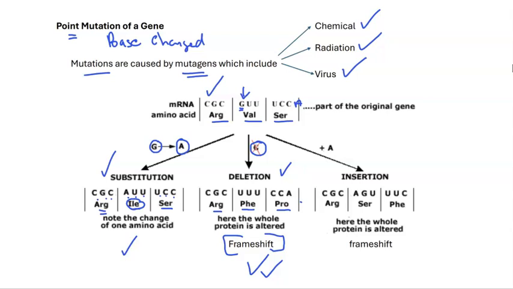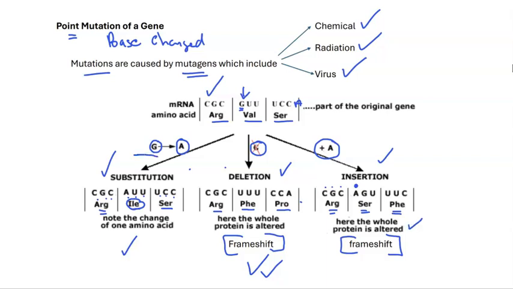The alternative to substitution and deletion is to insert, to put something in. And so we're going to add adenine to our code in the same position. And so now it reads CGC. Here's our new adenine. And so this shifts the code reading to the right. So we're going to go CGC, AGU, UUC, which gives us arginine, serine, and phenylalanine like this, which again is an example of frame shifting and has affected the entire protein.